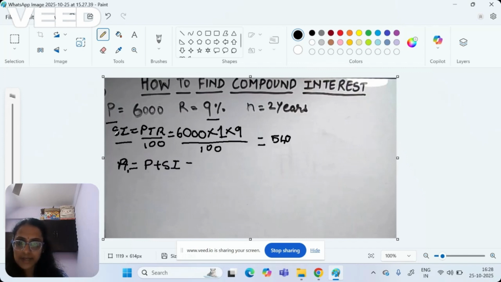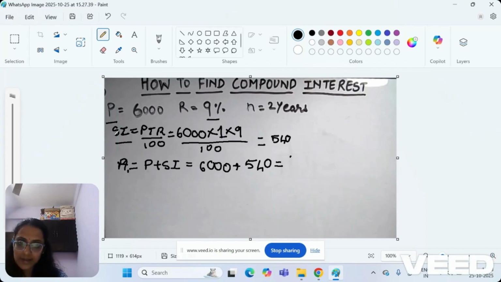The initial principal was 6,000 plus the simple interest for 1 year, 540 rupees. So the total amount is 6,540 rupees.